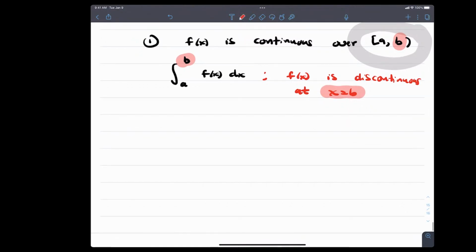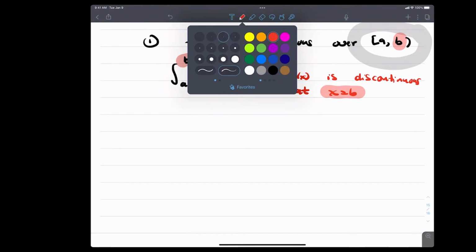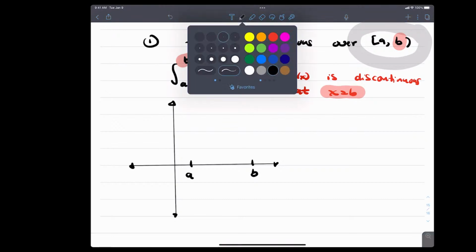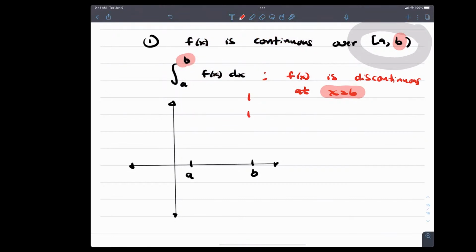And a general picture, there's a lot of pictures people draw of this. Let me try to draw a picture of what I'm talking about. You have an interval from a to b. But what's happening at b? You have a discontinuity.